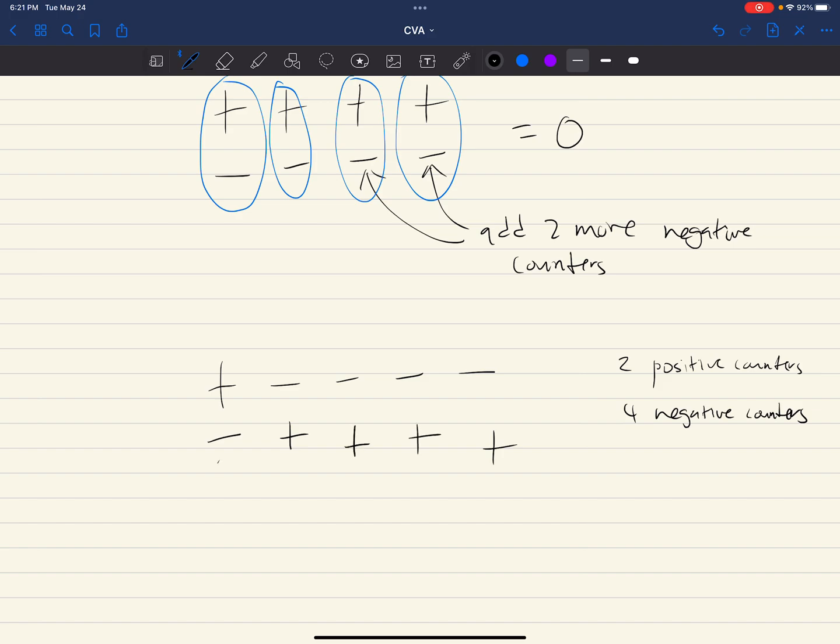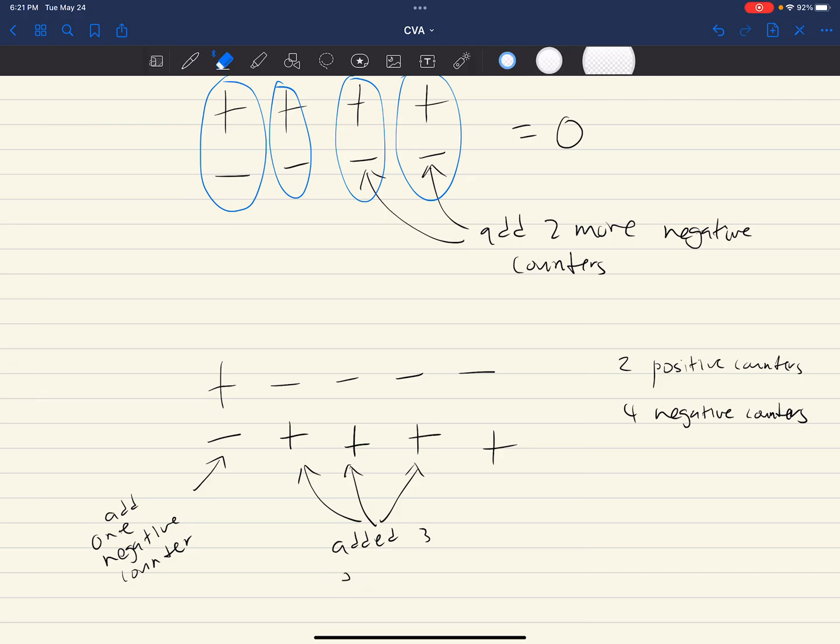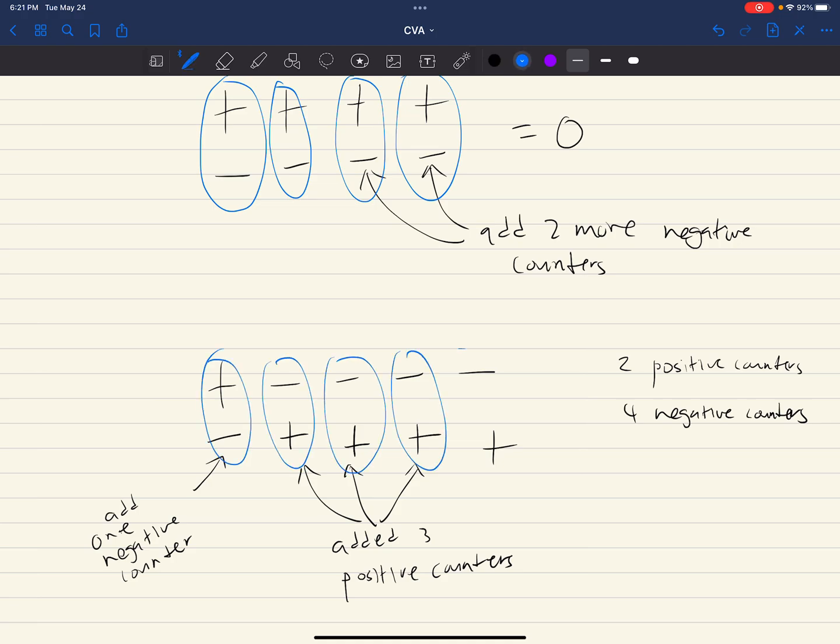So I added one negative counter, and then I added three positive counters to make this entire set equal 0. So that makes a 0 pair, that makes a 0 pair, that makes a 0 pair. So all of these make 0 pairs.